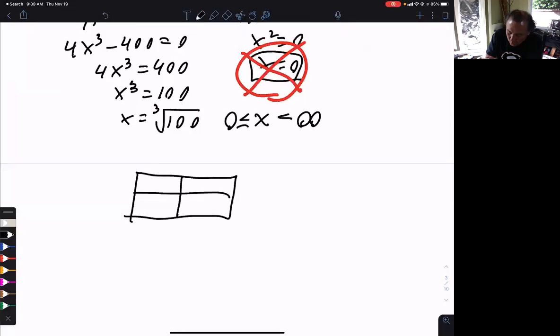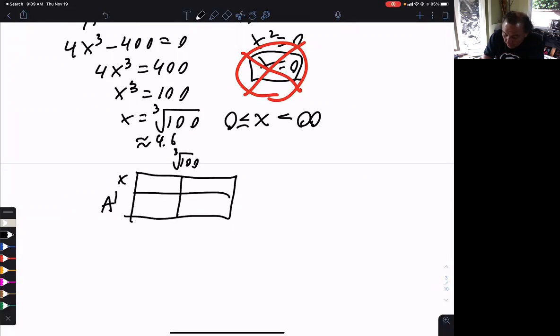It appears we have one relative extrema, the cube root of 100, and we're going to see if it's a relative max or min. So what is the cube root of 100? I don't even know. I'm going to do that in my calculator. 100 to the 1/3 power. That's about 4.6.